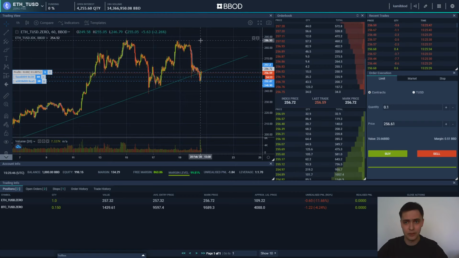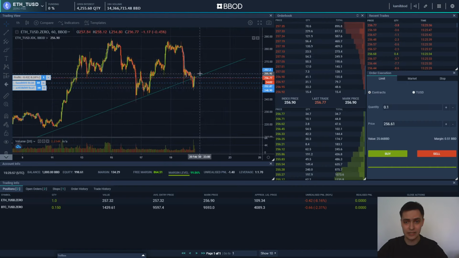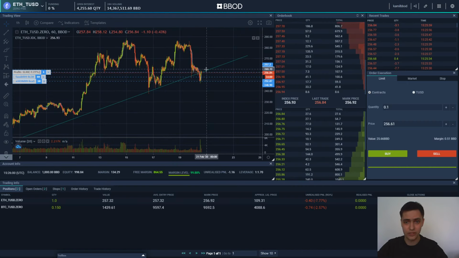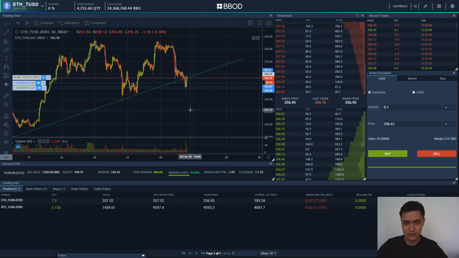Yeah, we've seen the double top on 287, didn't manage to go through, but also didn't manage to close a daily candle below this trend line. So yeah, the game is still up. We'll see how it goes.